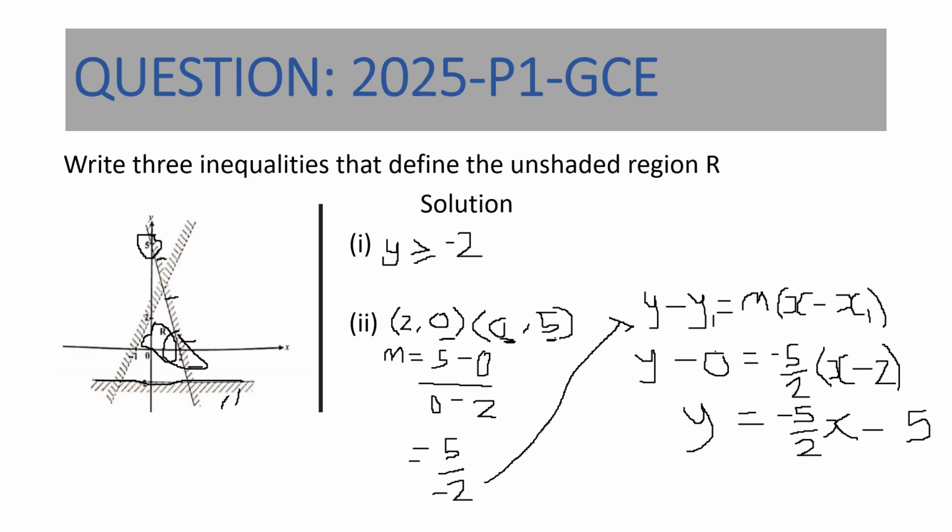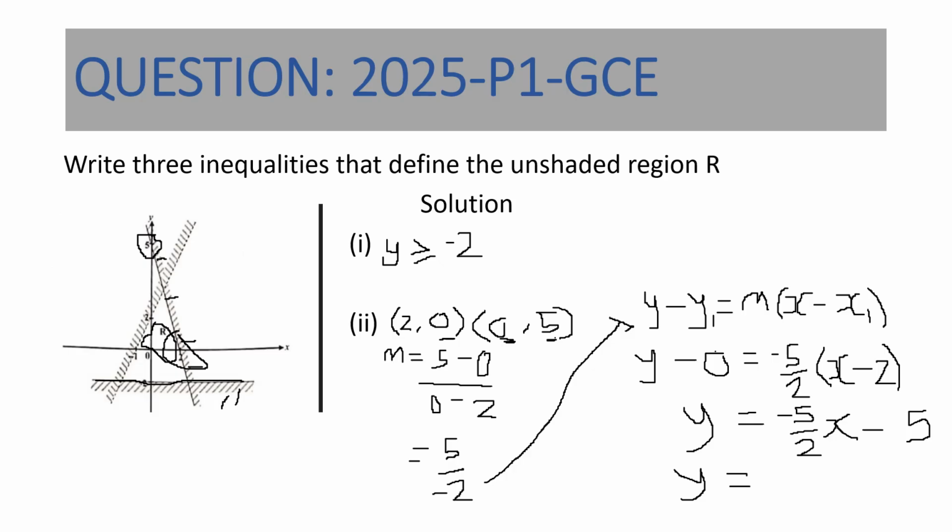After that, then you can check the y on the unshaded part. So the unshaded part for y is where y is less than or equal to. So our final answer will be y is equal to, not equal to.